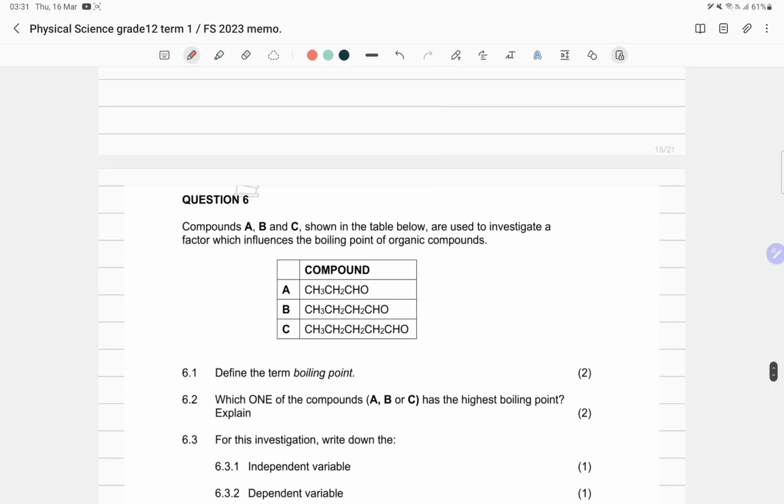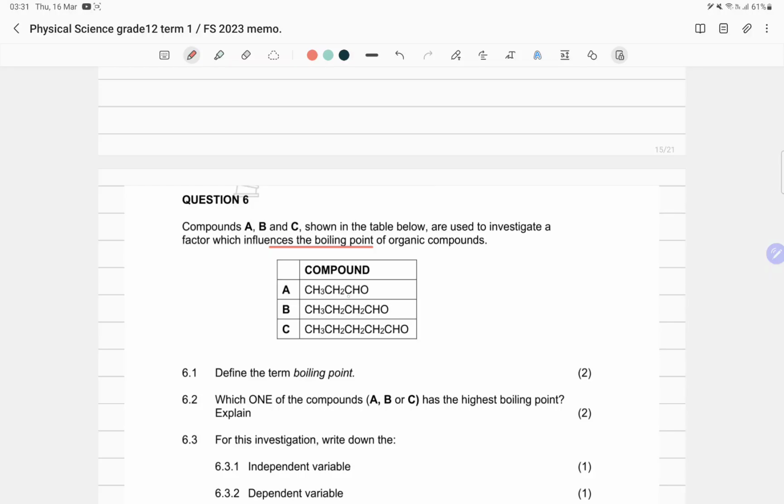So we told you, question 6, compounds A, B, C shown in the table below are used to investigate a factor which influences the boiling point of organic compounds. Now let's look at these ones. What are they?